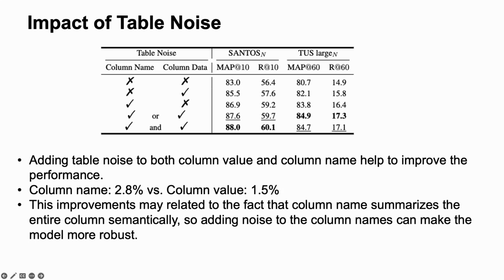These improvements may be related to the fact that column name summarizes the entire column semantic. So adding noise to the column names can make the model more robust to table noise and thus obtain more performance gains. However, adding more noise did not consistently improve the performance, suggesting that the model needs to find a trade-off between noisy data interpretation and increased robustness to the noise.